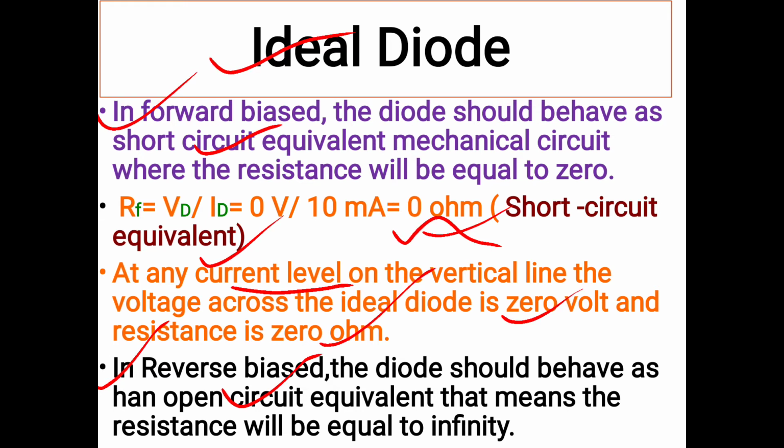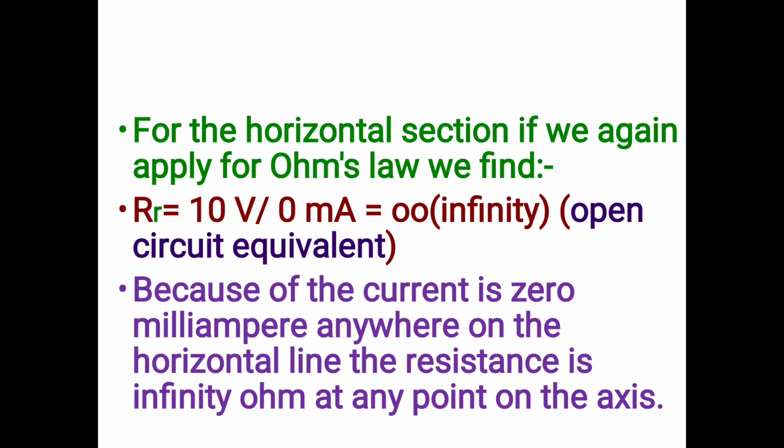That means the resistance will approach infinity. Applying Ohm's law again, we find the resistance in case of reverse biasing is equivalent to infinity. Here we have assumed 10 volt as the applied voltage and 0 milliampere, because in case of an open circuit the current is equal to 0 milliampere.